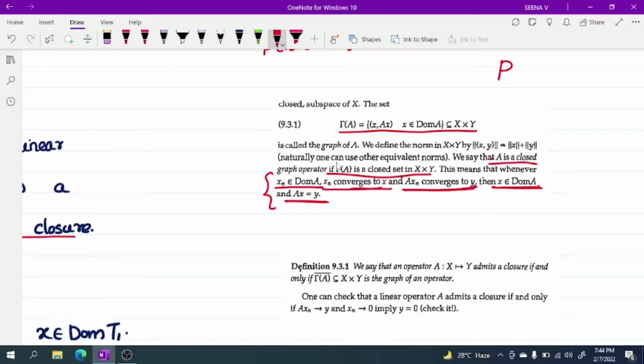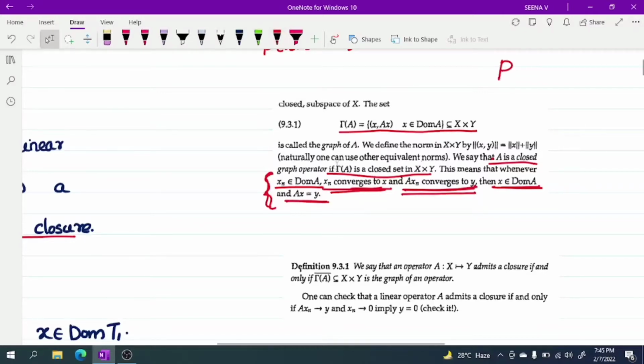So to prove A is a closed graph operator, or if A is a closed graph operator, we have this result.